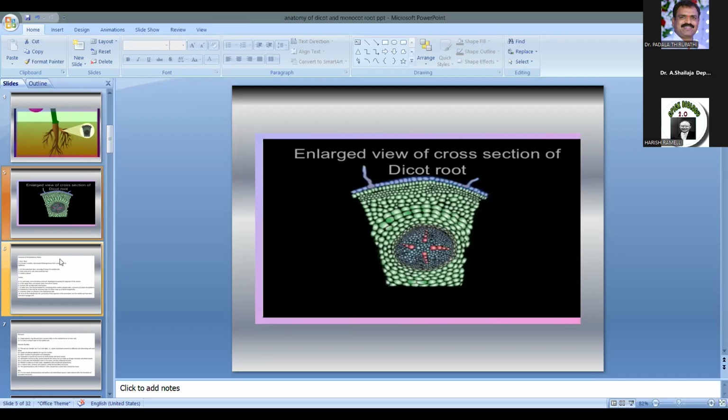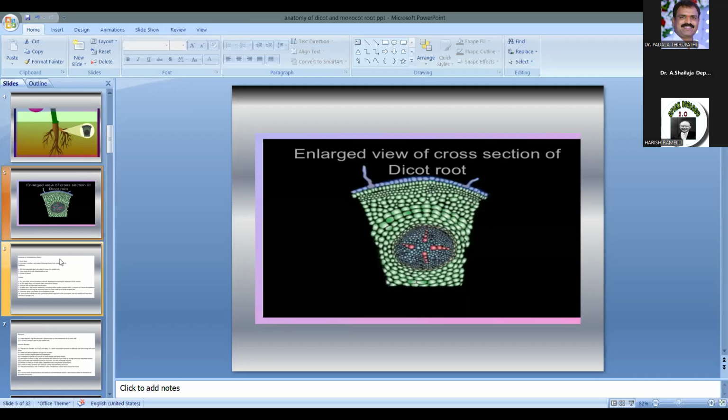In Cicer and Helianthus, the roots are tetrarch, with 4 xylem bundles.